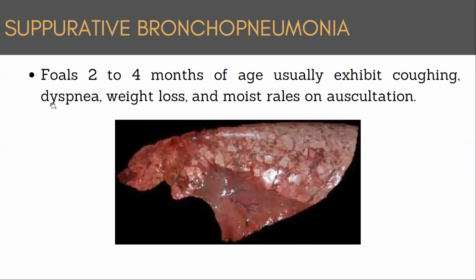Dyspnea is nahihirapang huminga, weight loss, and moist rales or respiratory sounds. Kayo, di ba kapag humihinga kayong may sipon pa, may sound ng konti ang breath natin? So, yan, on auscultation. Yun yung makikita natin.